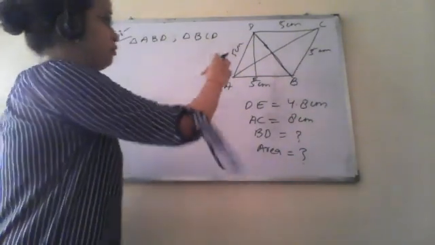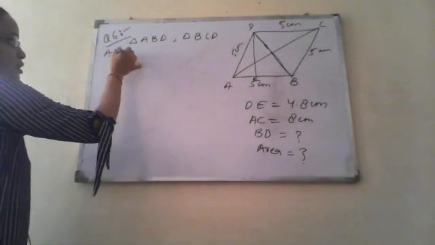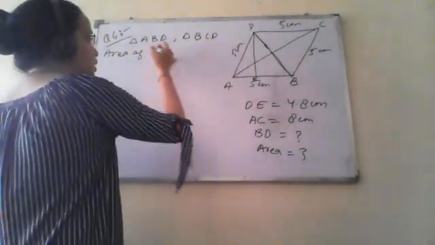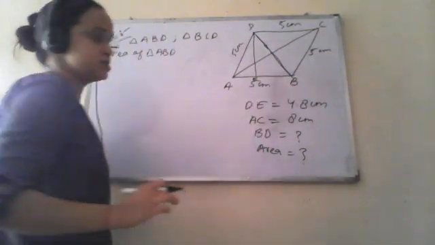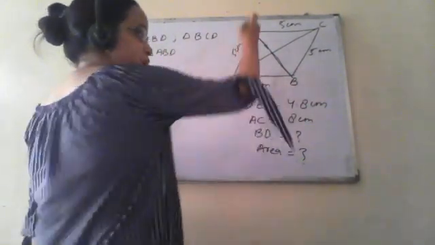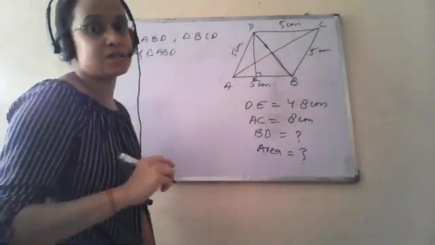So we will find the area of triangle ABD. Why are we taking this ABD? Because we have been given the base, which is one of the sides of the rhombus, and we have been provided the altitude. The area of a triangle is half base into height.